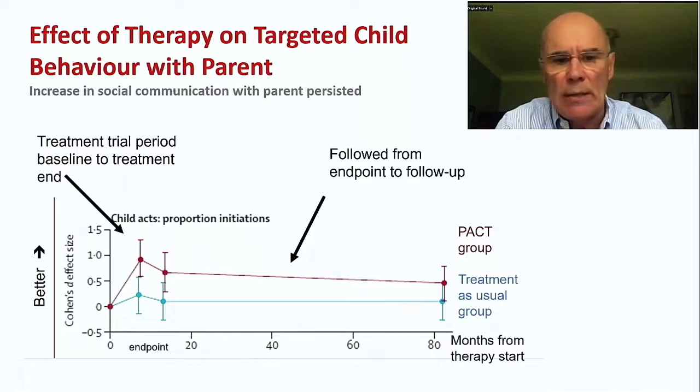And importantly, what we see in the follow-up over 80 months is that this treatment effect sustains itself after the end of treatment. The end of treatment is what you see there on the graph as endpoint. There's no fall off. So something has happened in the developmental process that has sustained itself over this time without any further input from the PACT team.